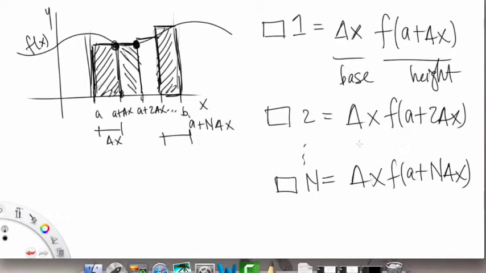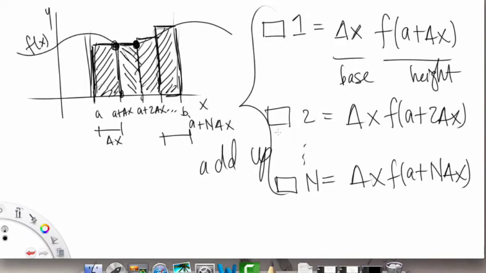So what we're going to do with all of these rectangles once we compute them is add up all of their areas. What we get is R sub n, which signifies the nth right endpoint approximation.